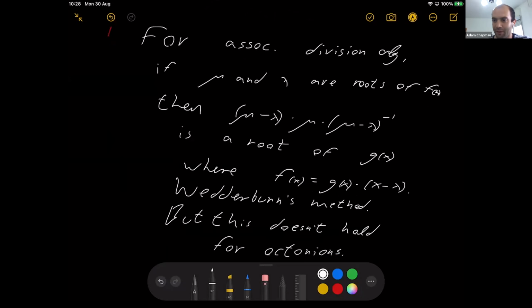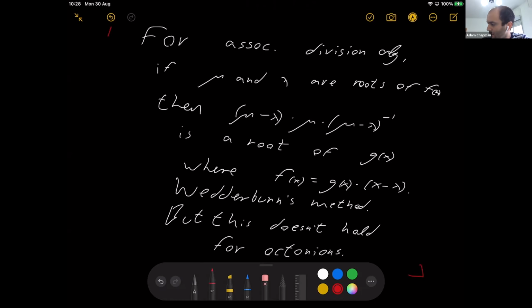The good thing about this method is that if you have a set of n distinct roots for a polynomial of degree n, you can use this method to just get a full factorization into linear bits. You cannot do that for octonions. Unfortunately, you have to study the roots of g again after you factored x minus lambda from it.